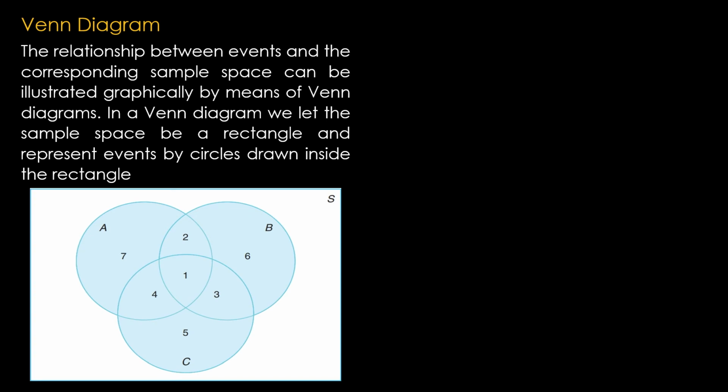This is an example of a Venn diagram wherein the whole of this rectangle right here is called your sample space.